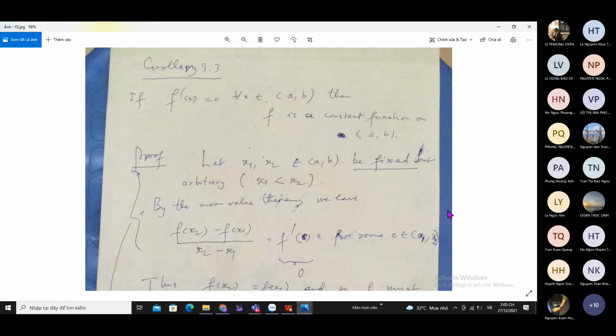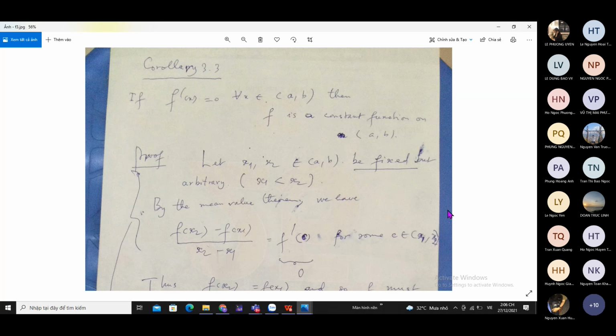However, we have f prime of x equals 0 for any x of the open interval AB. That's why f prime of c equals 0, because c here is just a number of the open interval x1, x2. Of course, the interval x1, x2 is just a sub-interval of the open interval AB.